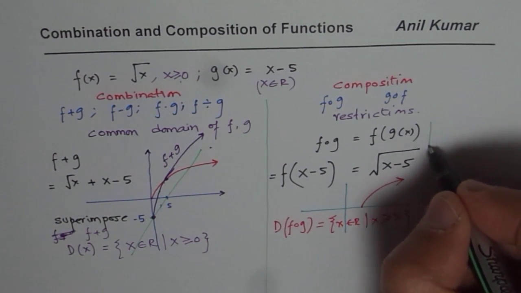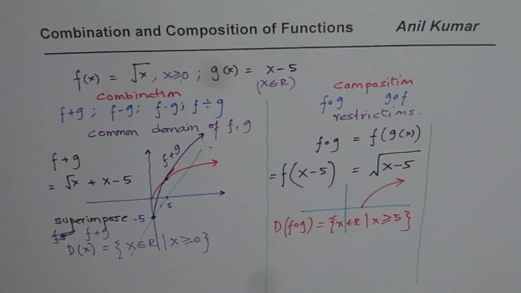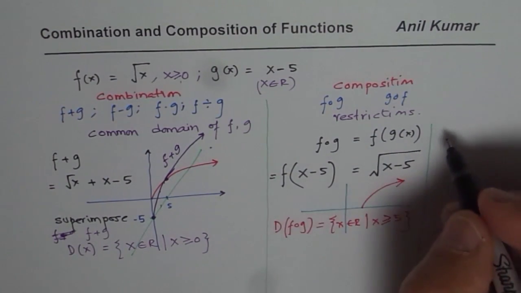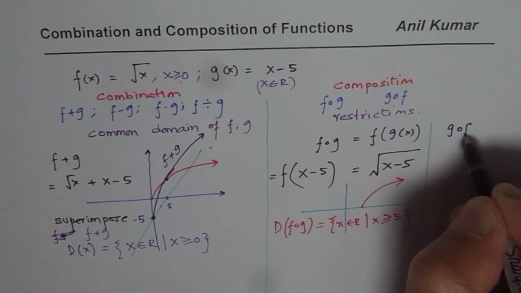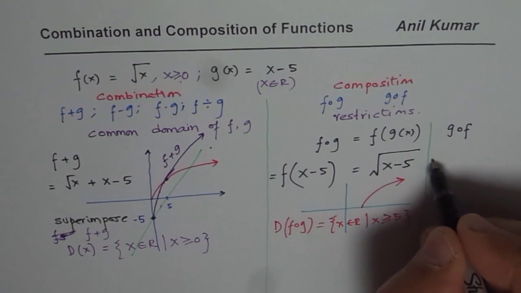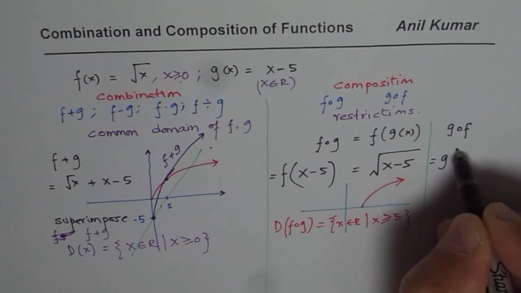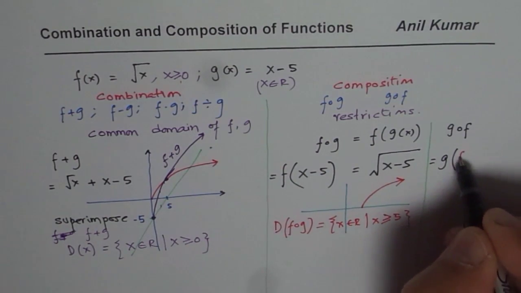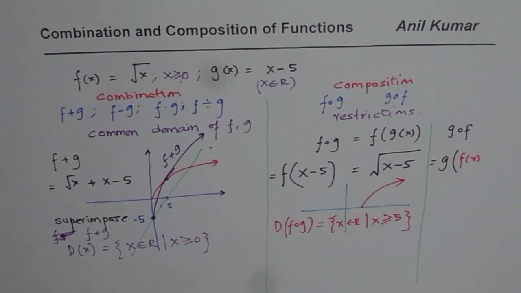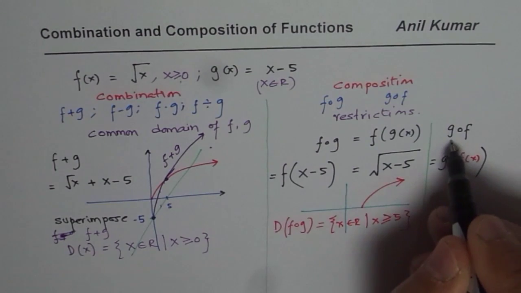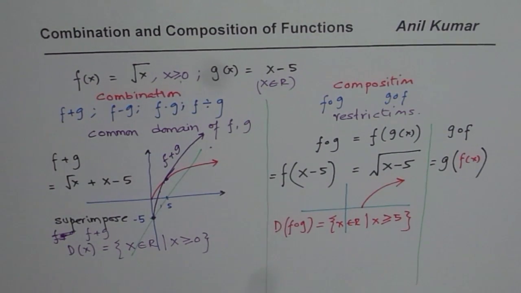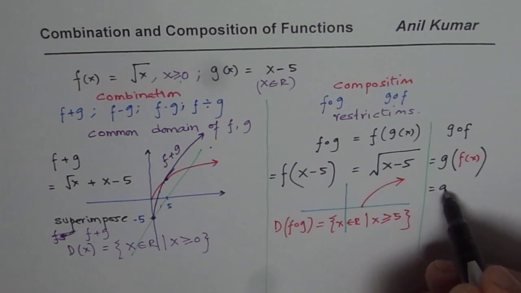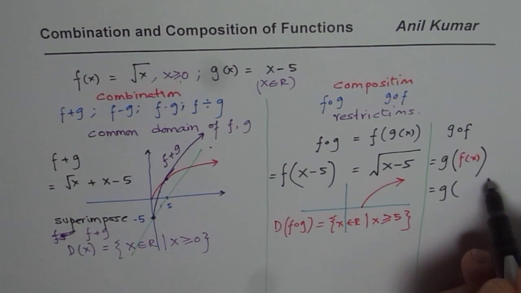So that is one way of looking into it, and let me show you the other possibility also, which is g of f, right? G of f means what? So that means g of f of x, right? So that is how we'll compose the second function, and which I can write as g of, what is f of x?